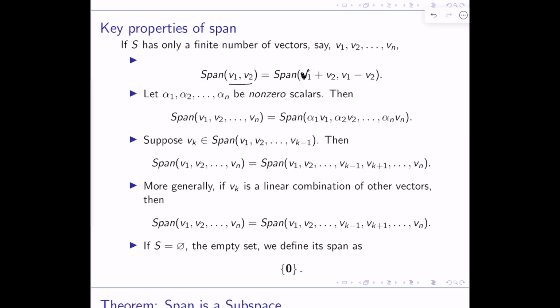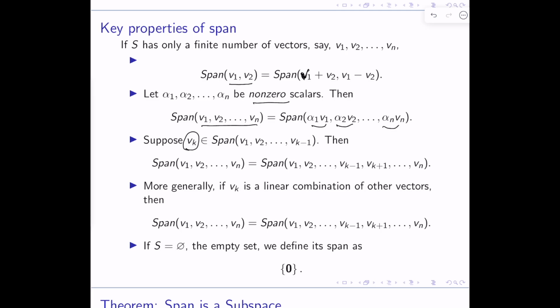And if alpha 1, alpha 2, and so on up to alpha n are all non-zero scalars, then the span of the vectors is equal to the span of alpha 1 V1, alpha 2 V2, and so on up to alpha n Vn; the span will be the same. Now suppose any element Vk from the span belongs to the span. What does it mean?